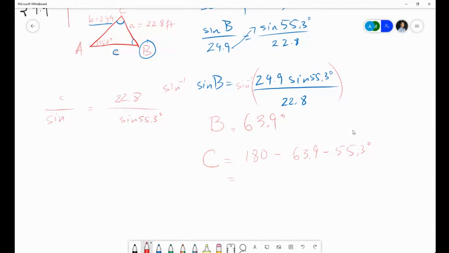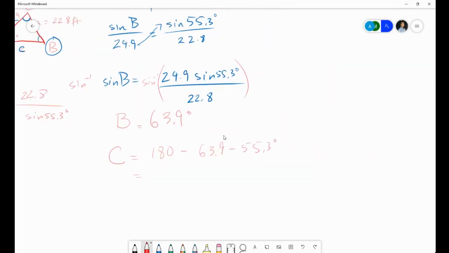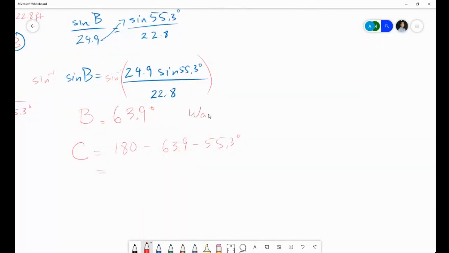I'm also going to give you a warning here. If you know 2 of the angles, always subtract from 180 to find the third angle.